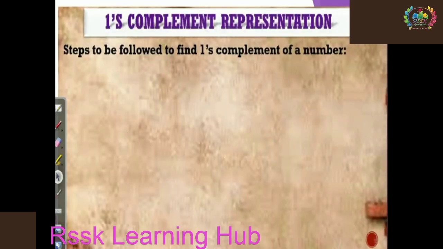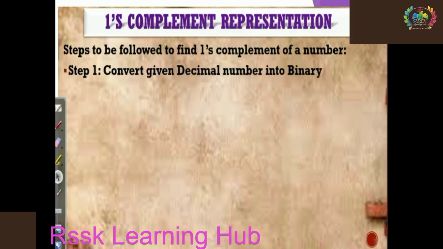Now we will see what one's complement representation is. First, take down the steps to be followed for writing your one's complement representation. Step 1 is to convert the given decimal into binary. That is your first step. After converting your number to binary, the second step is to check whether the binary number contains 8 bits or not.